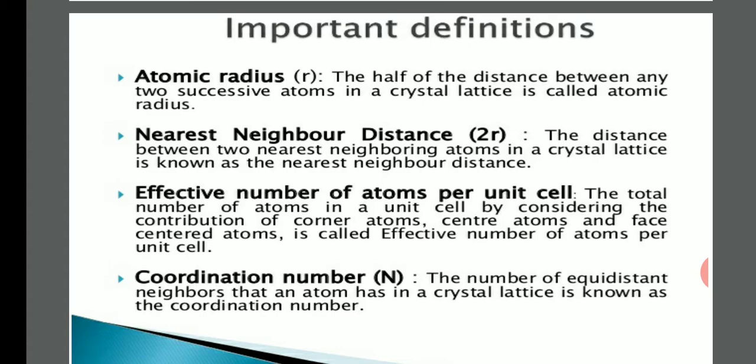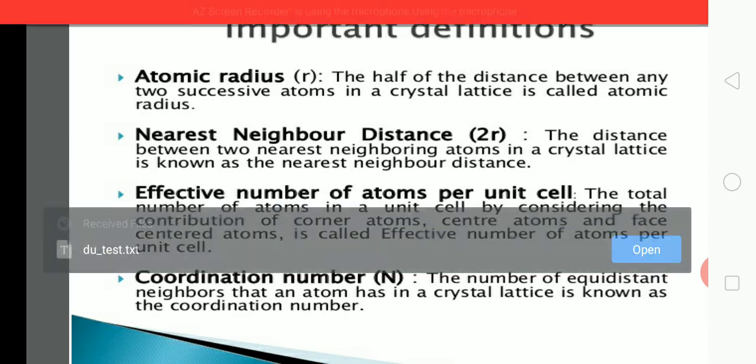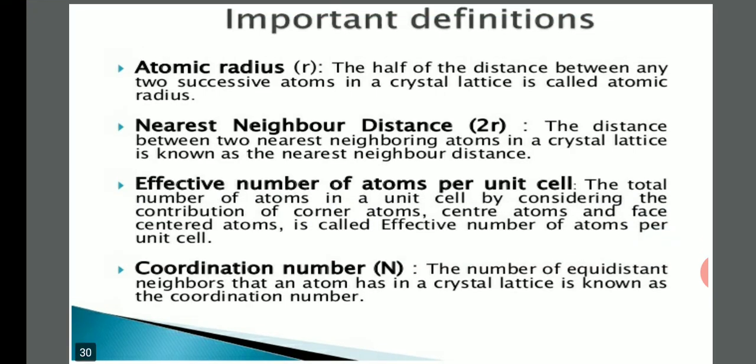Effective number of atoms per unit cell: the total number of atoms in a unit cell, considering the contribution of corner atoms, center atoms and face center atoms, is called the effective number of atoms per unit cell.